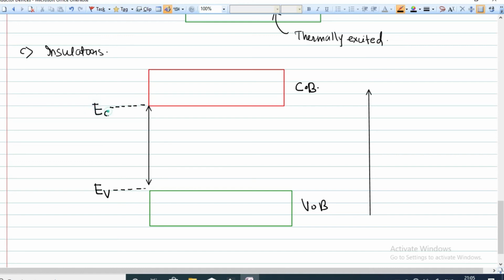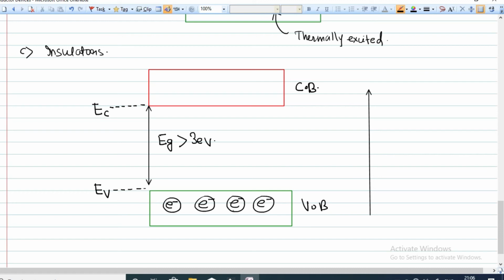The difference of energy between these two levels is known as the energy gap, EG, and this EG is greater than 3 electron volt. It's a very high value. Generally electrons are present in the outermost shell; these are the valence electrons. At room temperature the insulator does not conduct because it doesn't have any electron in the conduction band. Now suppose we supply energy from outside; the electrons will absorb the energy and get excited.